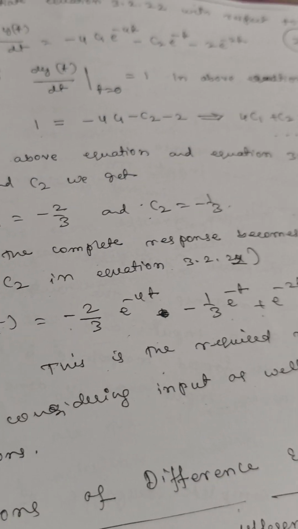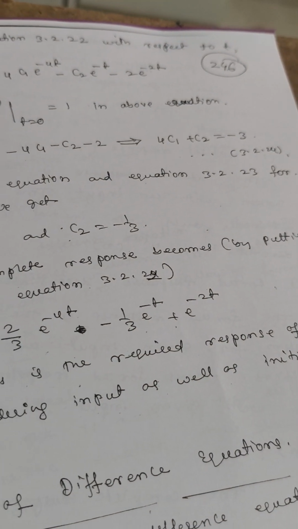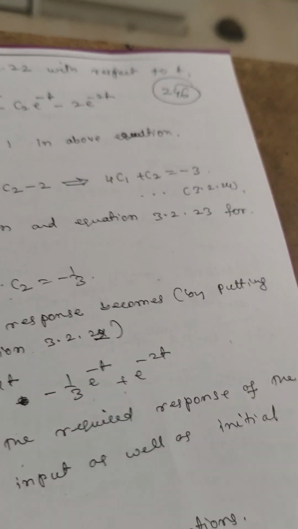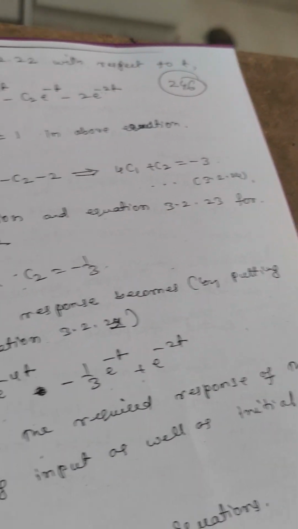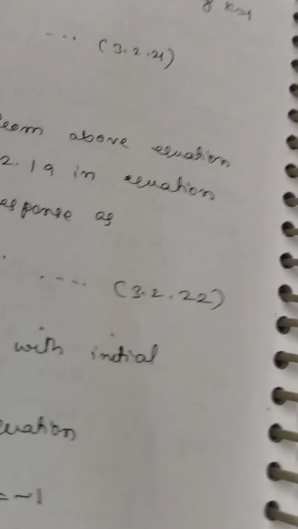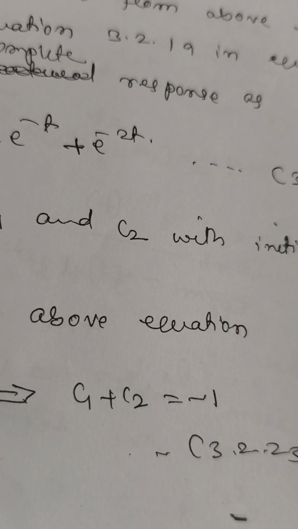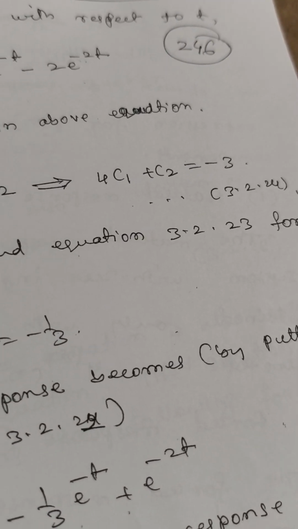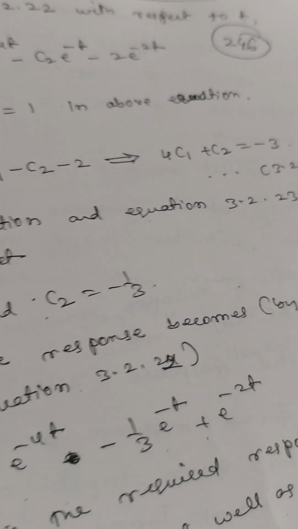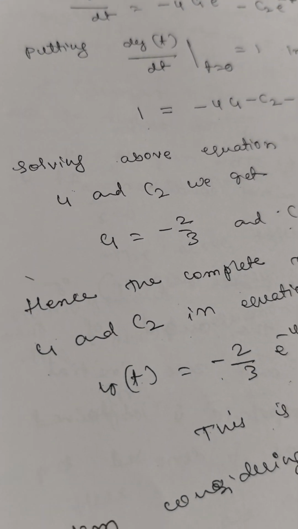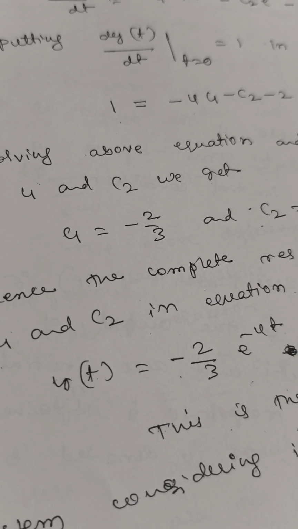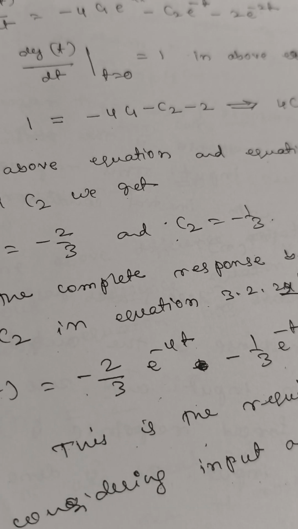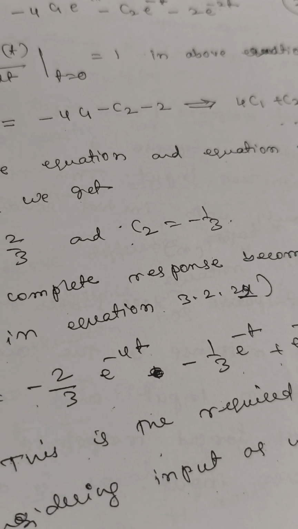Solving these two equations, we got two equations. Since two unknown quantities are there, we require two equations. Solving these two equations, we will get the value of c1 as minus 2 by 3 and c2 equal to minus 1 by 3.